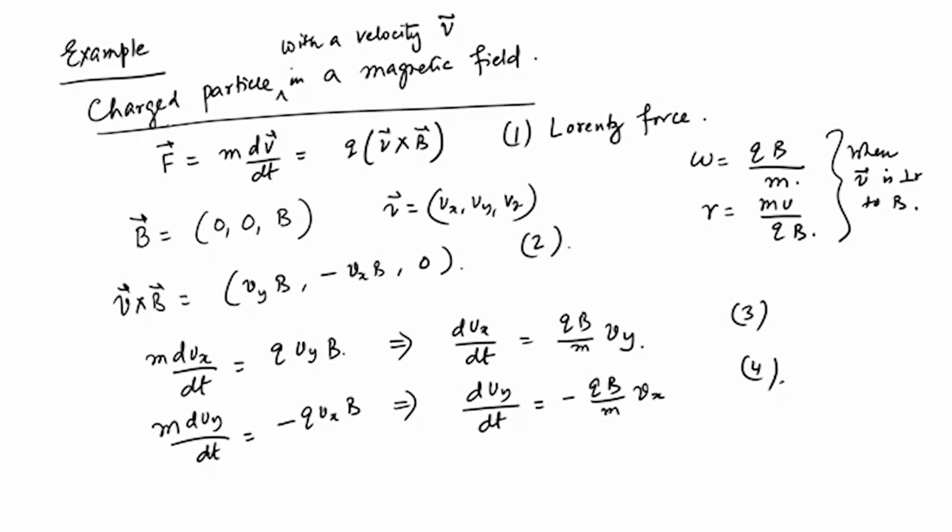So, these 3 and 4 are the equations of motion. We can make a simplification of writing this as omega c, just to say that this is a cyclotron frequency. So, equations 3 and 4 become a little simpler to write.